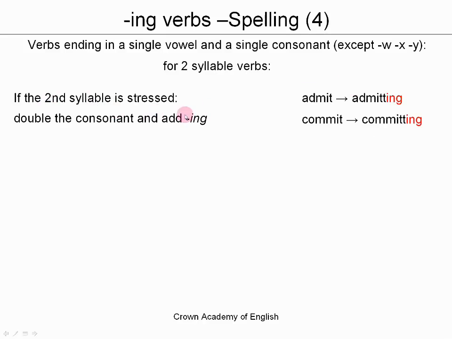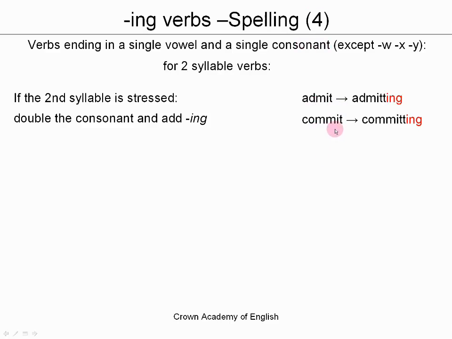So it's important that you hear that the second syllable is stressed. So for example, we say admit. We don't say admit. Can you hear it? It's the second, it's the mit. The first syllable is ad, and the second one is mit. But we hear mit much more. Mit is stronger than ad. So we say admit.